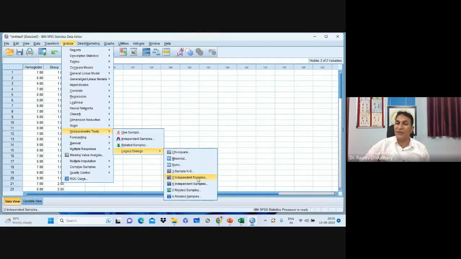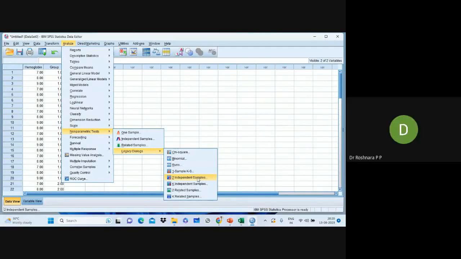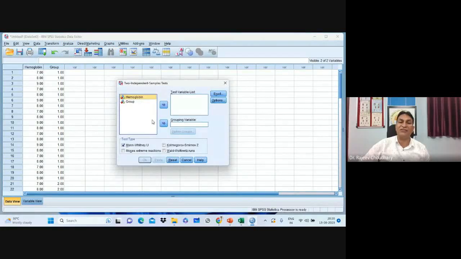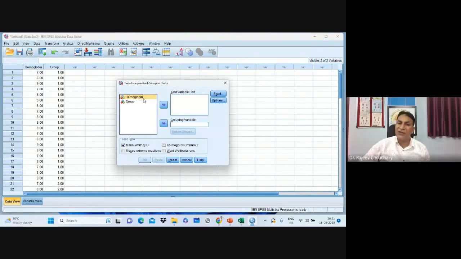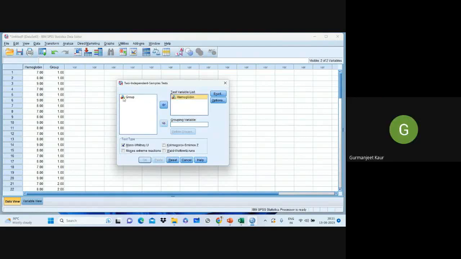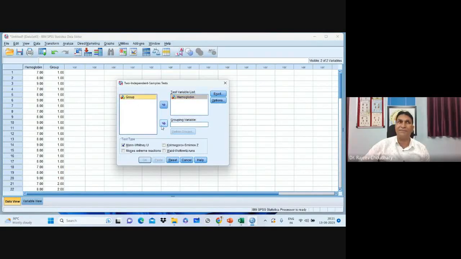Which technique will be applied? The Mann-Whitney test. Is there any technique named Mann-Whitney test? Yes, it is there already. Tick there. Bring hemoglobin into the test variable and group into the grouping variable, and define the groups.